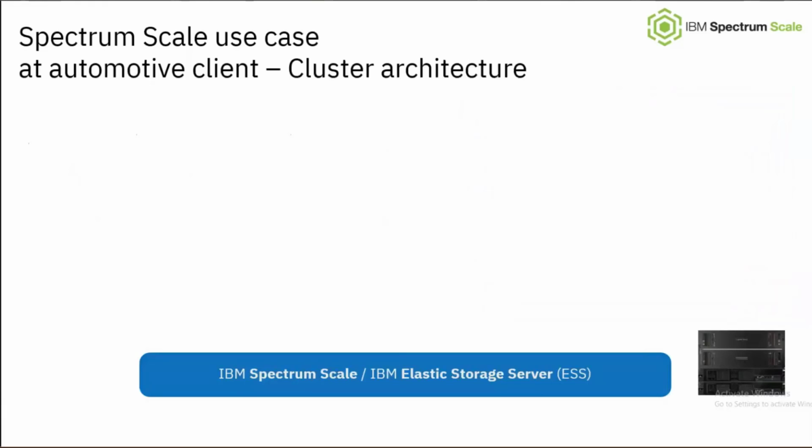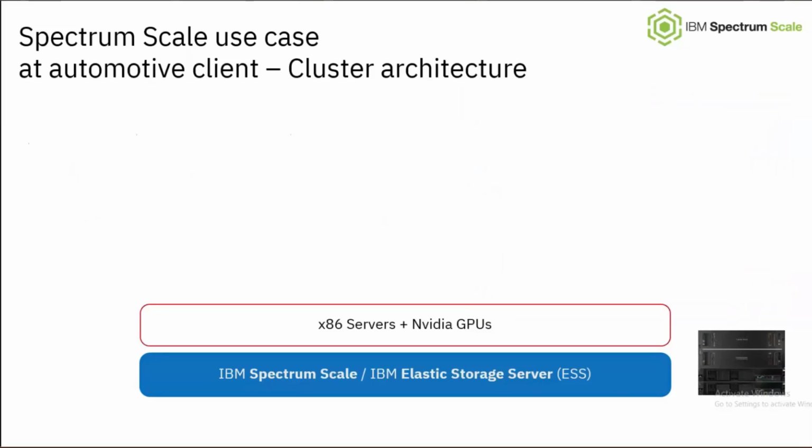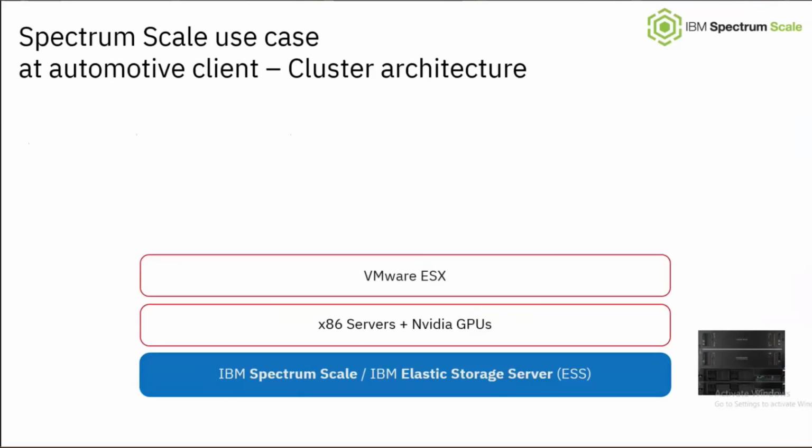For this particular client, we used Spectrum Scale and ESS as the backing storage, built along with x86 servers, and for AI algorithm acceleration, they are using NVIDIA GPUs built into these servers. At that point in time when we started the project, they had VMware ESX as the common infrastructure abstraction layer for all their server infrastructure.